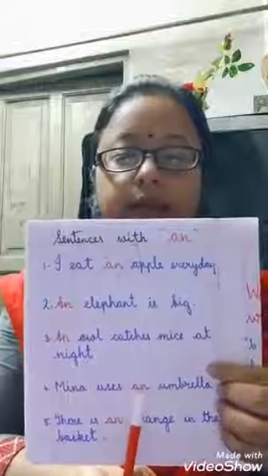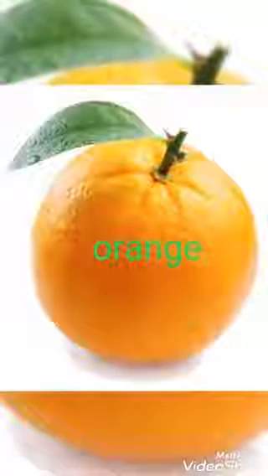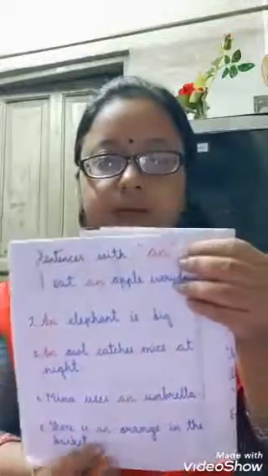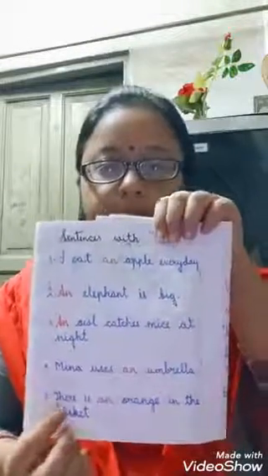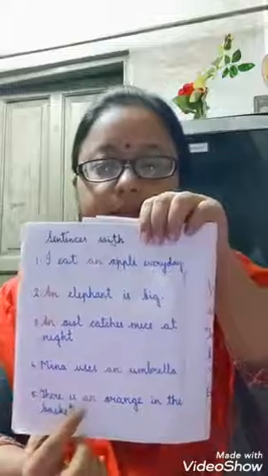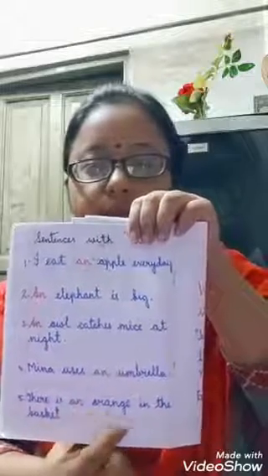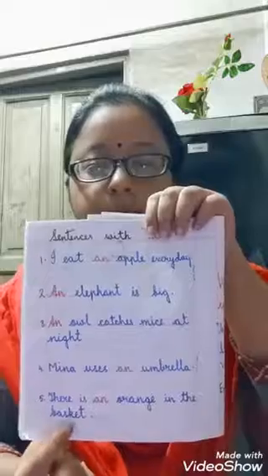Okay. Moving on to the next picture. So I know all of you know what is the name of the fruit that is shown in the picture. Okay, so there is an orange in the basket.